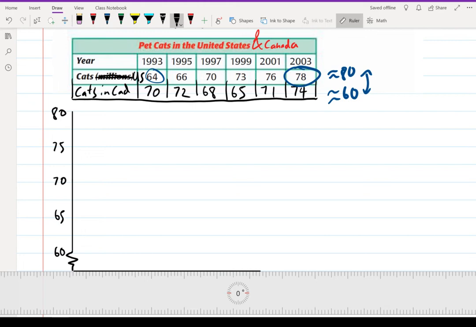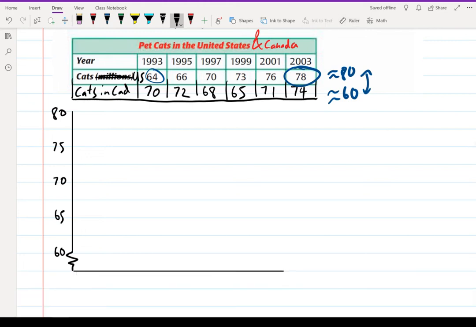And how many years do I have to do from 1993? So I'm going to label this 1993, 1994, 1995, 1996, 1997, 1998, 1999.